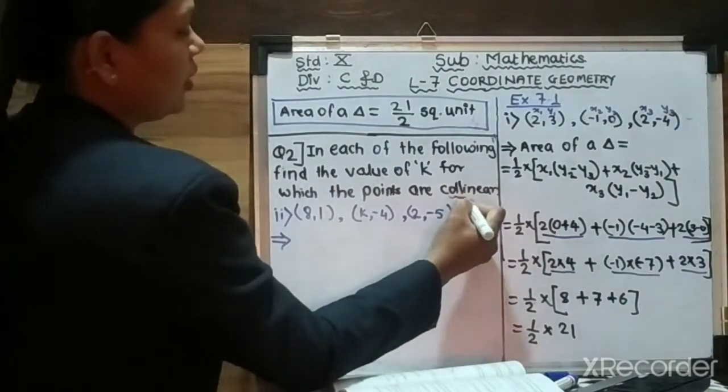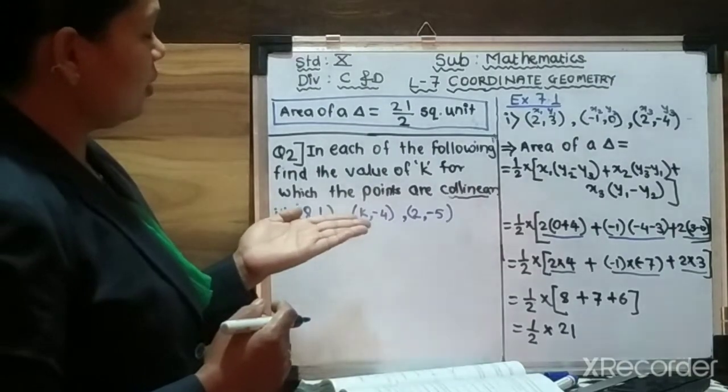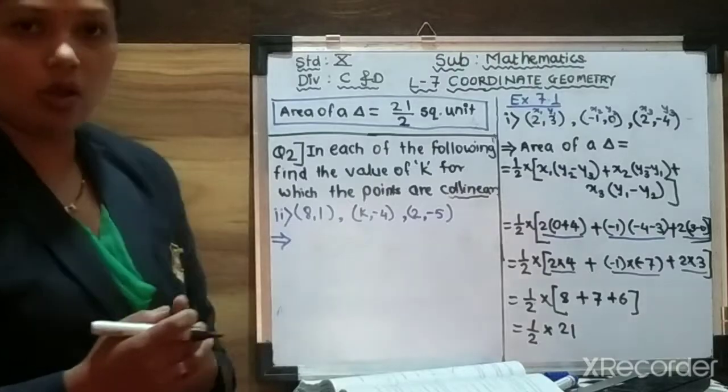are collinear. So whenever the points are collinear and we are just finding, means we are having the area of a triangle.